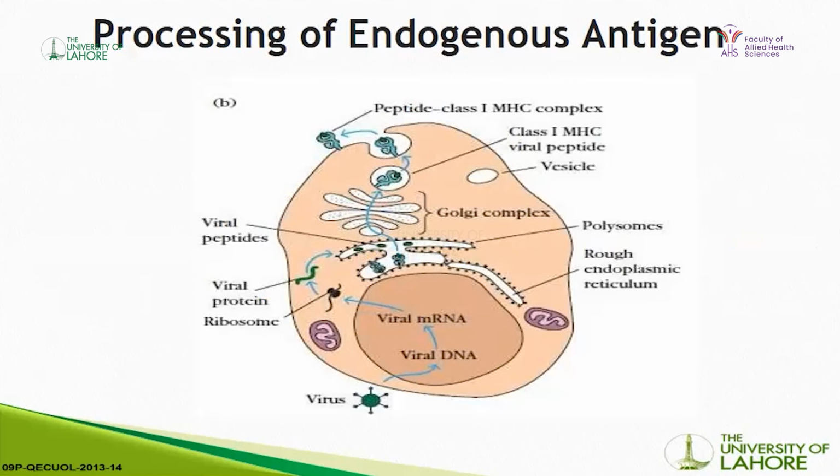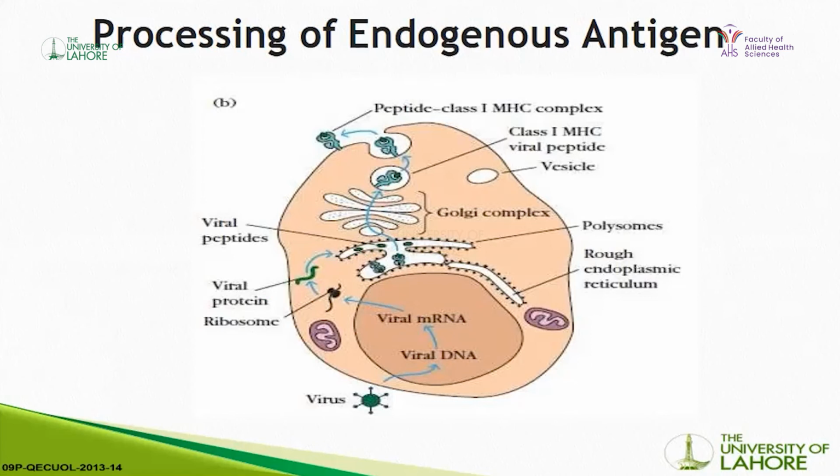After injection of the genetic material, there is a process of transcription and translation. Transcription is the process in which mRNA is produced, and translation is the process in which protein is produced. Both processes take place there, and viral protein will be formed.